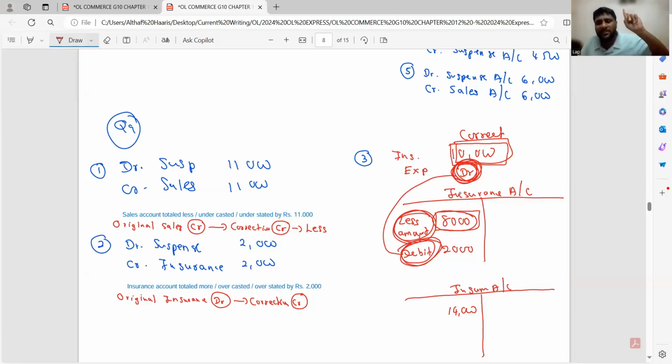Real insurance expense is how much? 10,000. Second example: in the second example, what is the insurance amount I have written?